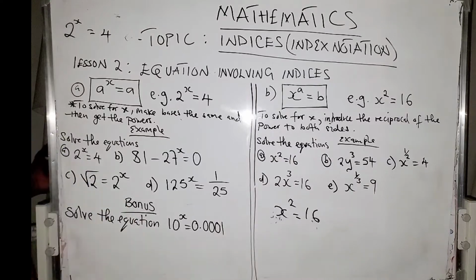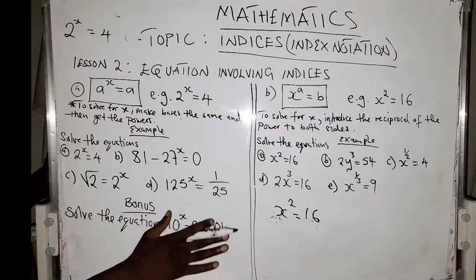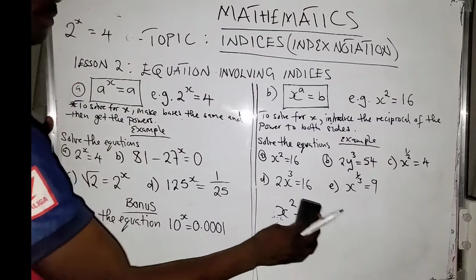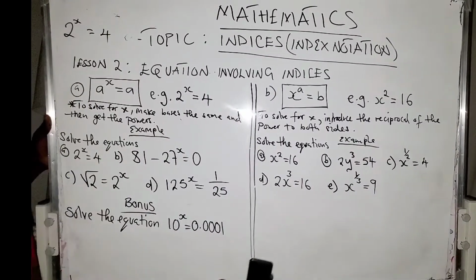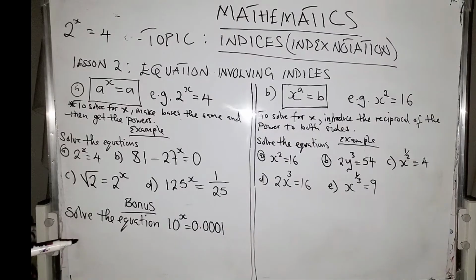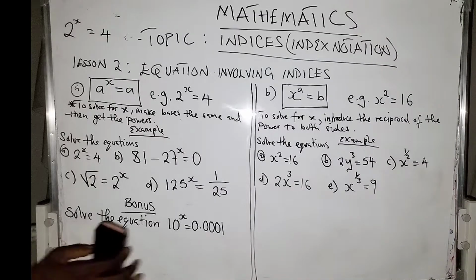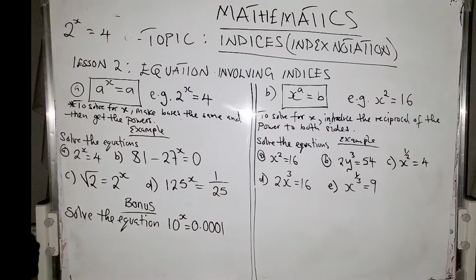But there is a way we're going to use. There's a way of solving these questions without just guessing or struggling. That's why we have laws of what? Indices. Very good.